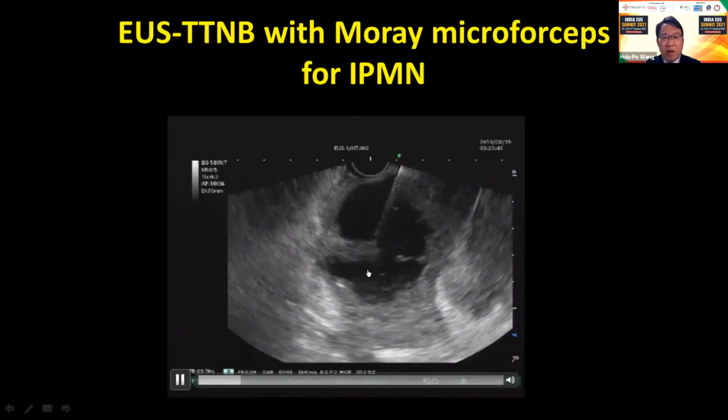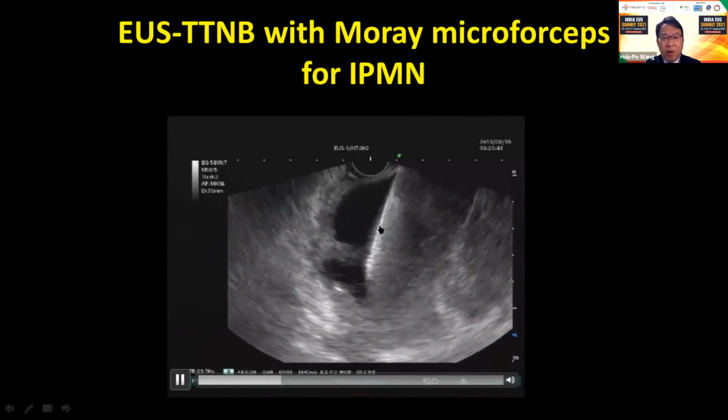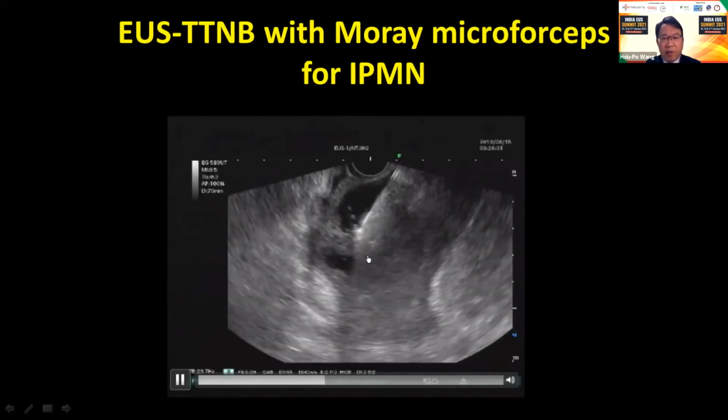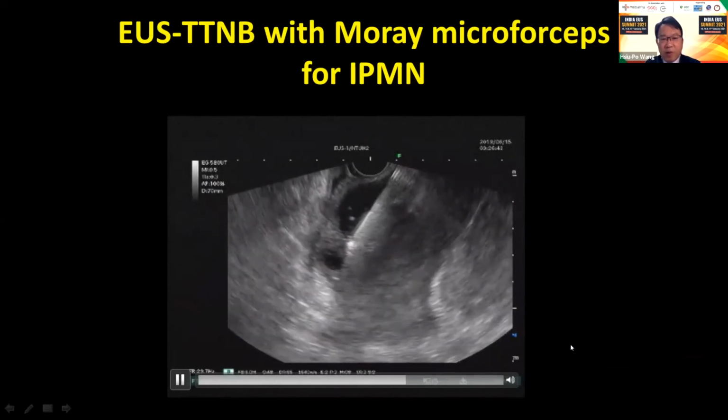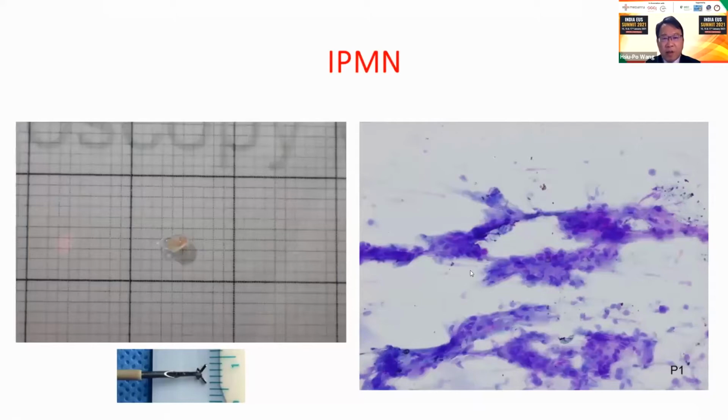This is another one. Again, after the 19-gauge needle, we put in the micro forceps and biopsied the solid part of the tumor. We made the on-site cytology smear, and the specimen is more than 2 millimeters, and the quality of the cytology smear is good.